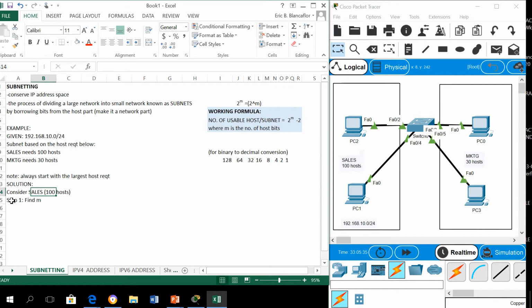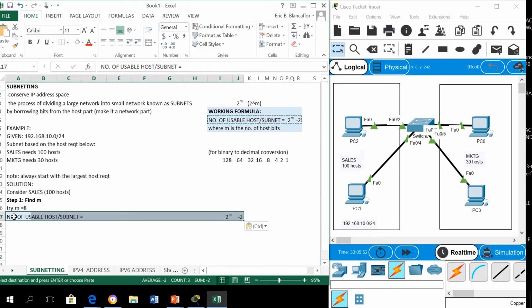That's the first step. We are going to do trial and error. For example, let's say M is equal to 8, applying this formula here.